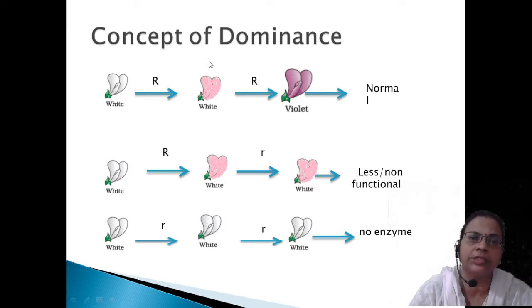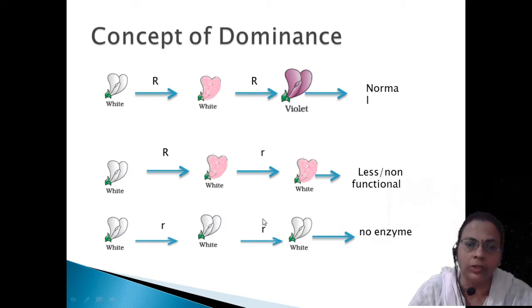So if it is capital R, the flower will remain red. And if these two normal alleles are absent, that means small r, the pigment formation cannot take place. So small r cannot produce the pigment, so it will remain white itself.